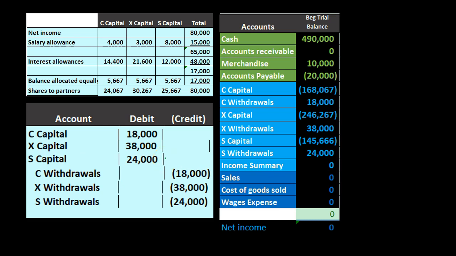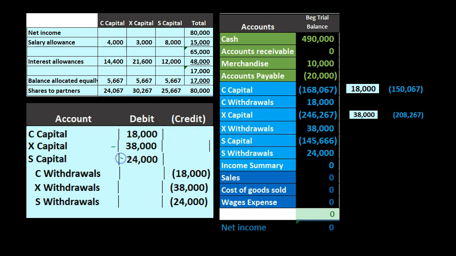So if we then post this out, C's got 18,000 here. It's going to decrease the capital account because this represents the amount C withdrew from the capital accounts, taking the balance from 168,067 down by 18,000 to 150,067. We then have the X's capital here. That's going to bring the balance from 246,267 down by 38,000 to 208,267.